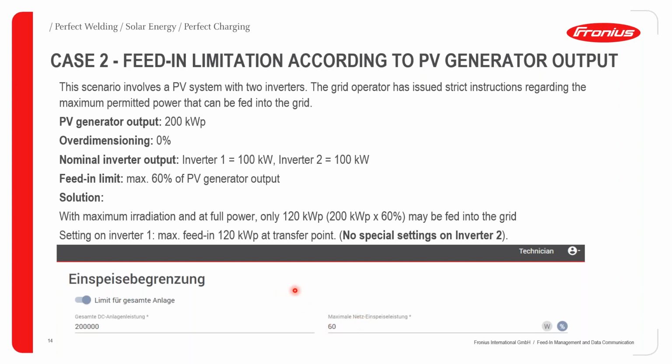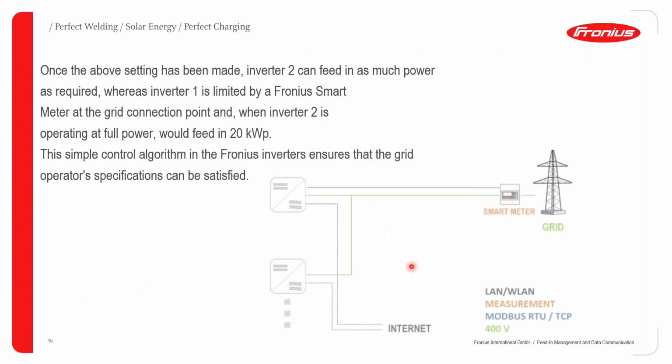So this is for inverter 1. Once this setting is done on inverter 1, you are said to have conveniently configured it to meet the feed-in limit settings or specification set by the grid operator.